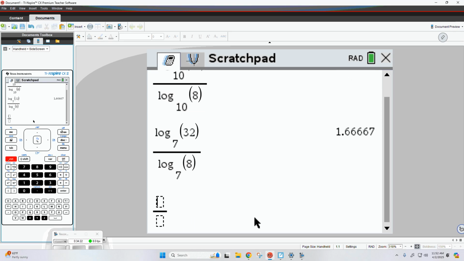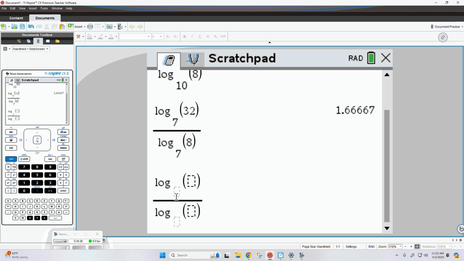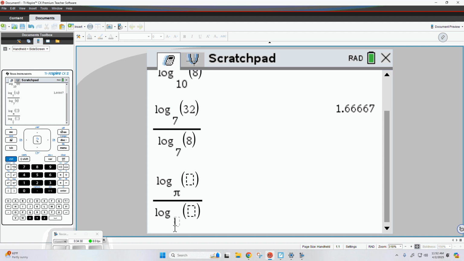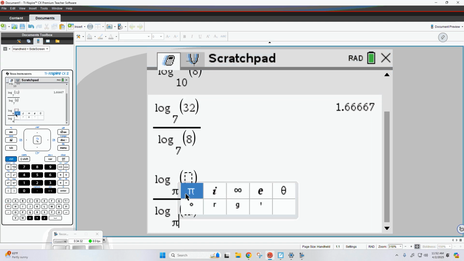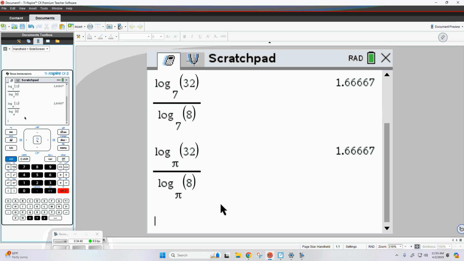Let me go ahead and try this again. Put in log, put in log. For this one, I want to put in pi. For this one, I want to put in pi. Then it was 32 and 8. Now that will be an issue. It's got to be the same base.